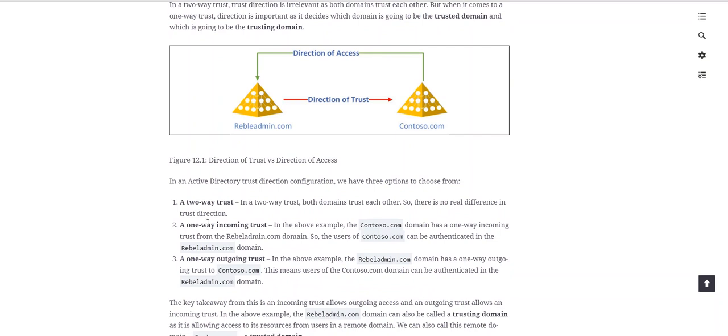The one-way trust, it could be that I'm trusting this domain with my resources. They're not trusting with me. They're getting my resources.